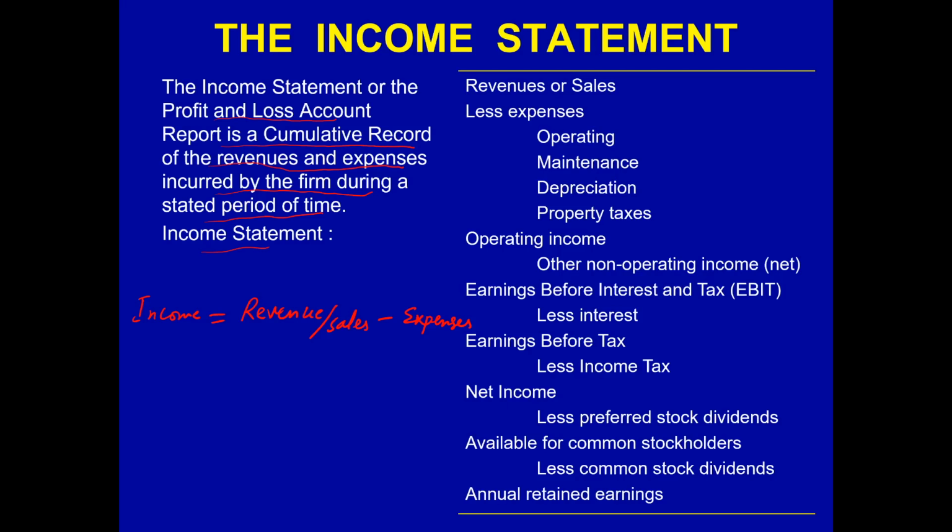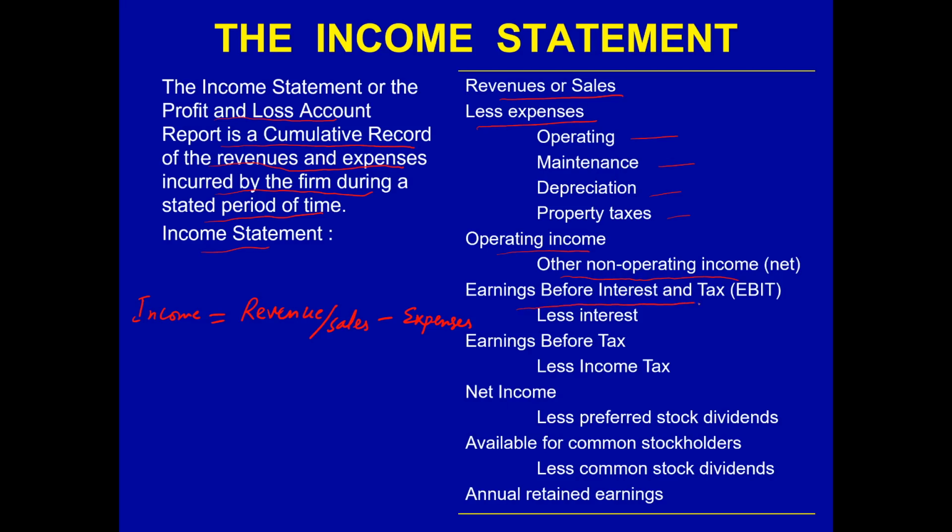First of all, the first item is the revenues or sales, then minus the expenditures, maybe operating expenditure, maintenance, depreciation, property taxes. This becomes an operating income. The company may have other incomes as well, other non-operating income, and this income may be coming from a real estate business they have or somewhere else. So this is their non-operating income.